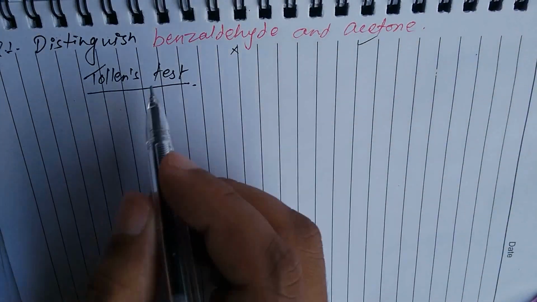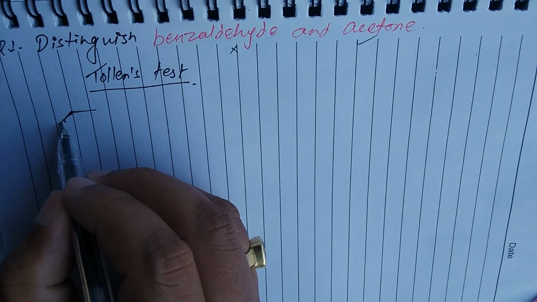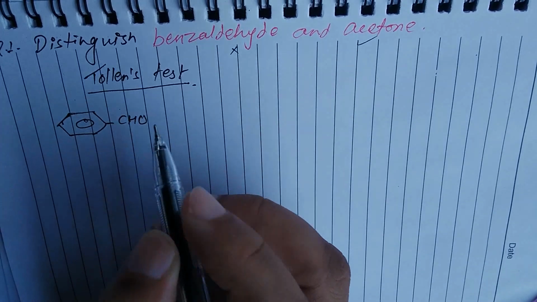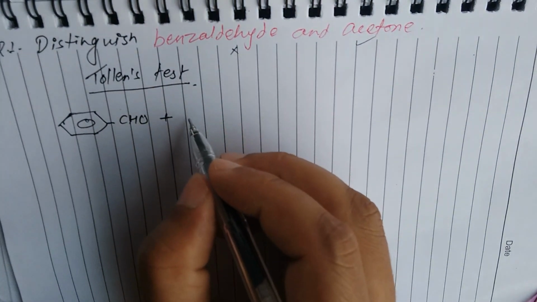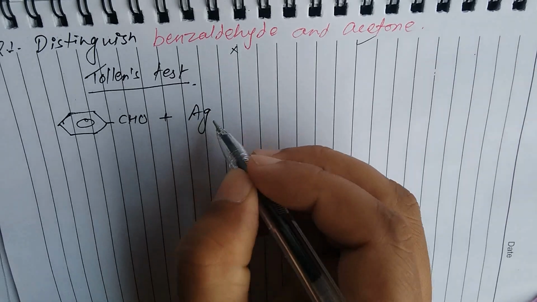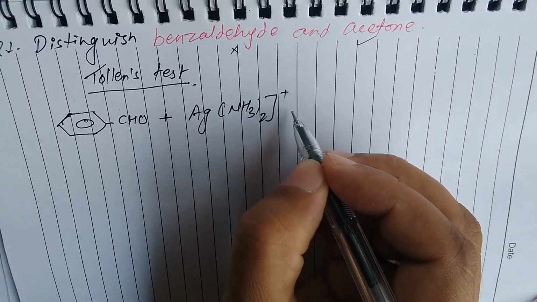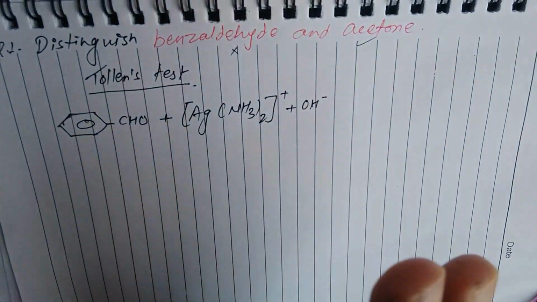What is the molecular formula of benzaldehyde? Structurally we are writing benzaldehyde, C6H5CHO, and Tollen's reagent is Ag(NH3)2 plus OH minus. Very simple.